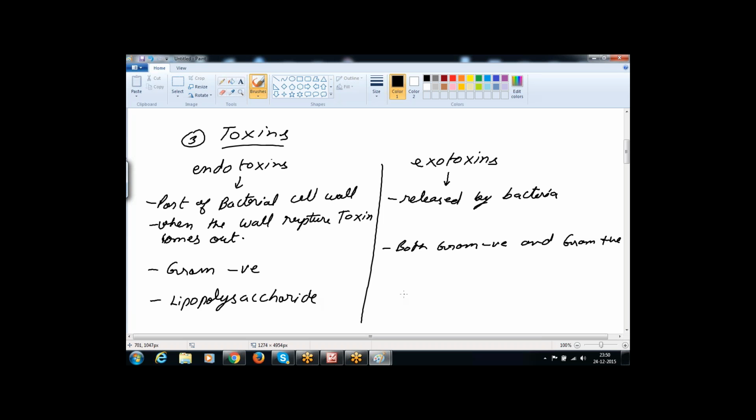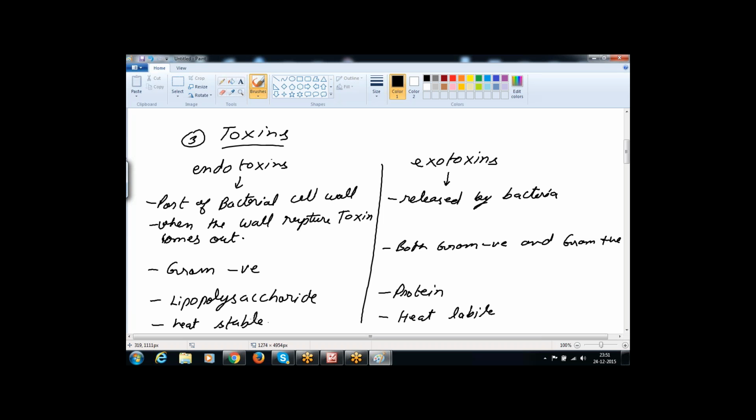And this one, exotoxin, is a protein. So exotoxin is heat labile, and endotoxin is heat stable. What do we mean by that?